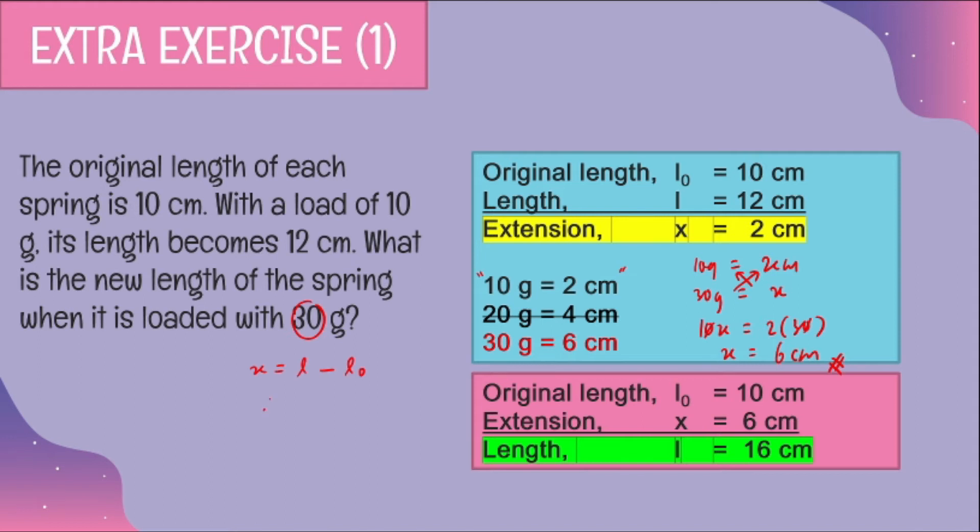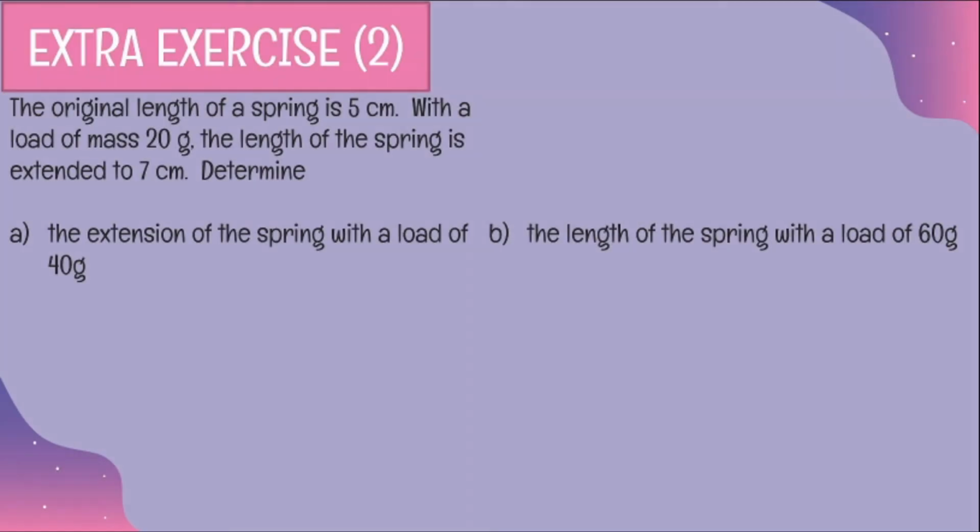So kalau cikgu nak L, logik je. L naught plus X. So dia punya length is L naught plus X. Macam tu, 16. So, kamu kena tengok. It's either the question asks you to find extension or the question asks you to find length. So, berhati-hatilah.